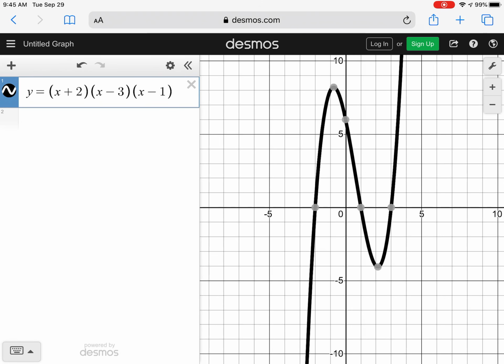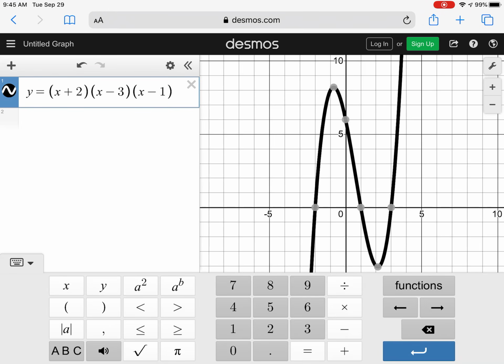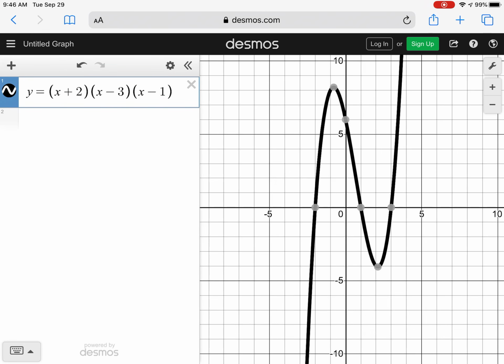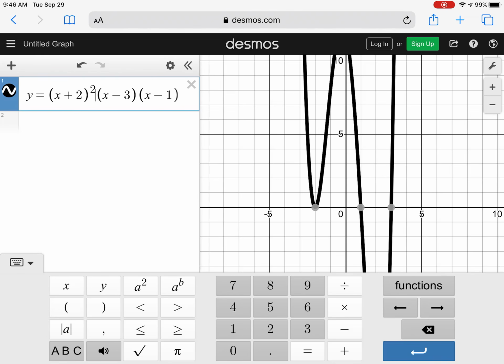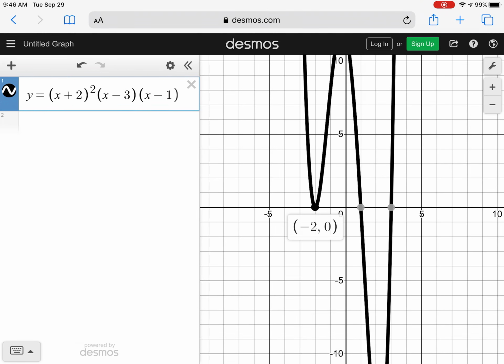Now, why don't we just experiment with this equation? Let's see what happens to this graph if I put an exponent of 2 or 3 on any one of these factors. So let's take a look at this factor of x plus 2. That represents the x-intercept of negative 2, by the way. What if I take that x plus 2 and I put that to the power of 2? Look how it changed the corresponding root.